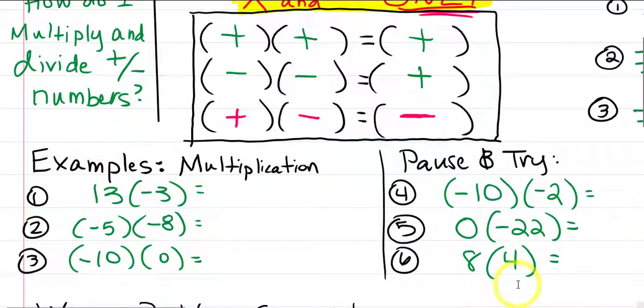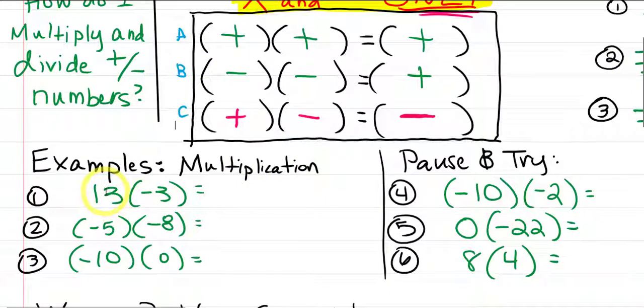Okay? So here in example number 1, we're multiplying a positive 13 times a negative 3. Now to make it easier to refer to my box up top, I'm going to put letters next to it. You do not have to do this. I'm going to call the first situation A, the second situation B, and C, just to make it easy reference for this video.